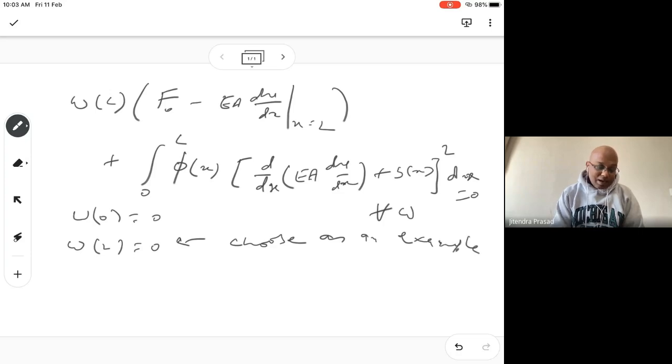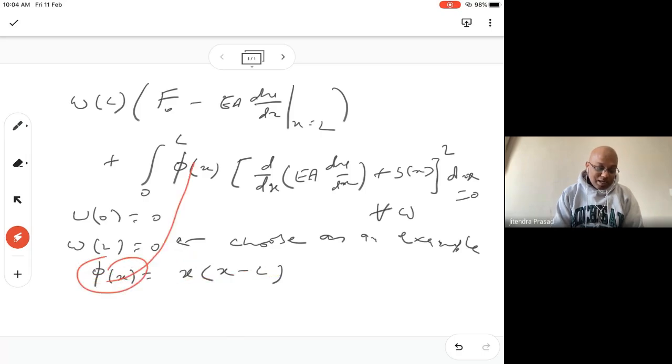Yeah, and in that case, what happens? This term will go, only this will remain. An example of that will be, if you have phi x equal to x multiplied by x minus L, right? Automatically at x equal to 0, phi x will be 0, and at x equal to L, this will be 0.